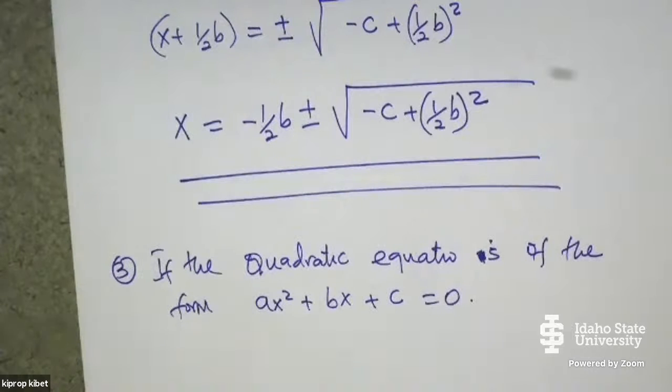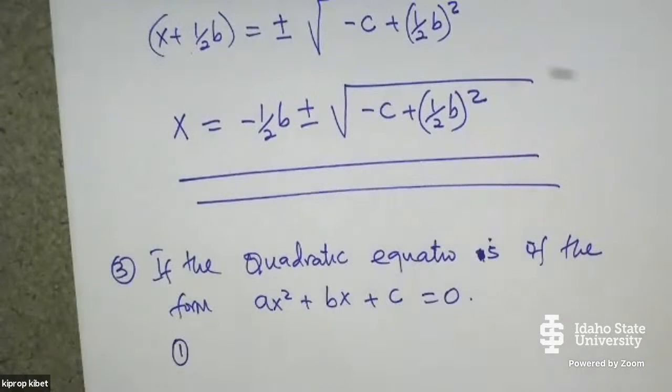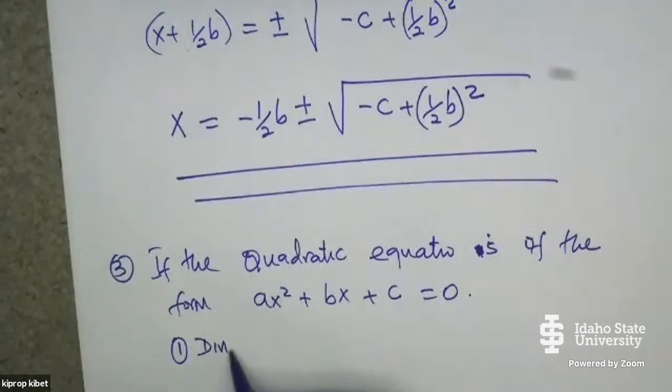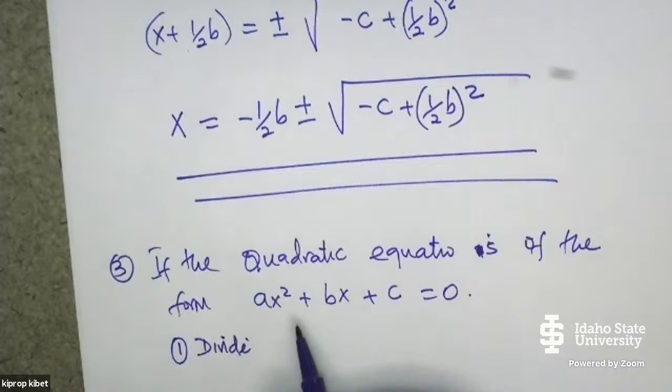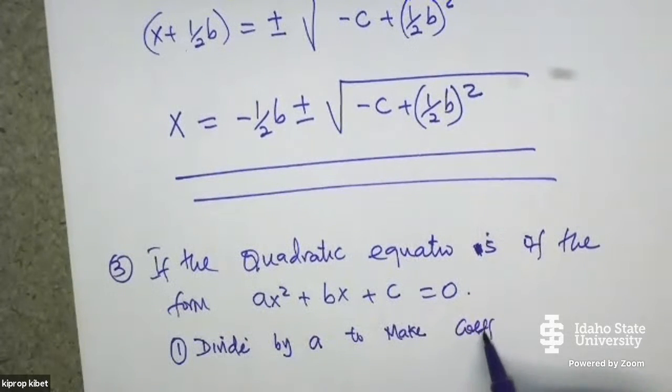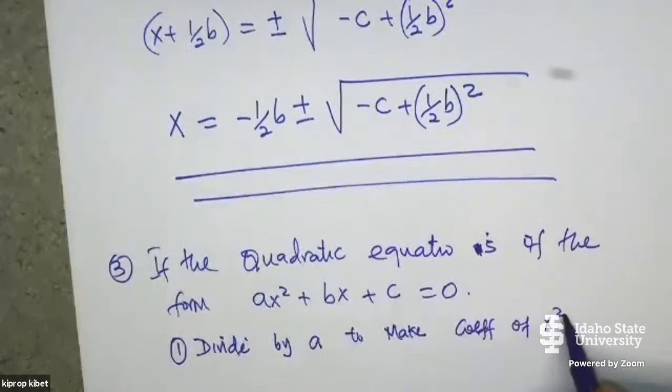then here, what you do, first step is divide by a to make the coefficient of x squared to be 1.